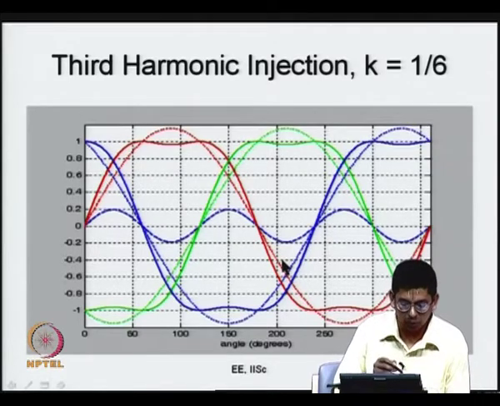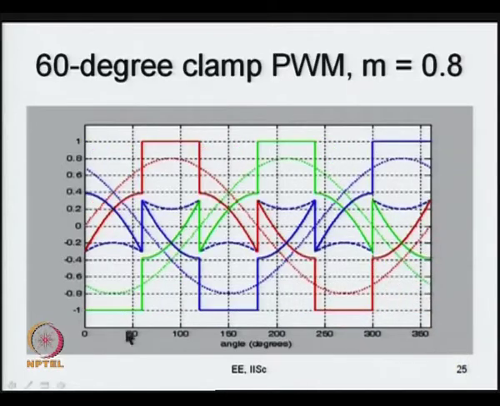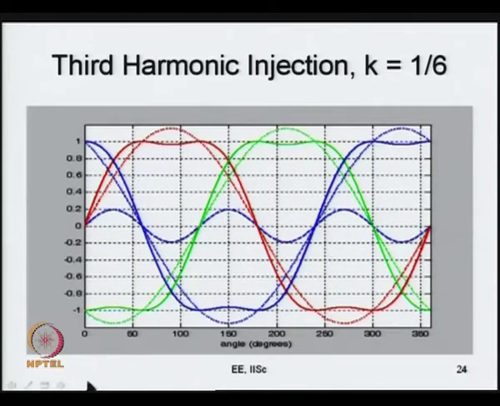When I add like this, the resultant is what I get here. So I am able to move up to 2 by root 3. My peak of the sine is not limited to 1, but it can go all the way up to 1.15, 2 by root 3 or 1.15. So it gives me 15% additional voltage.